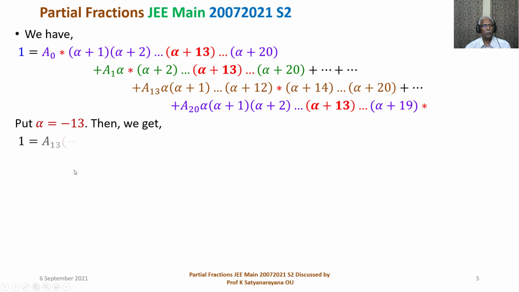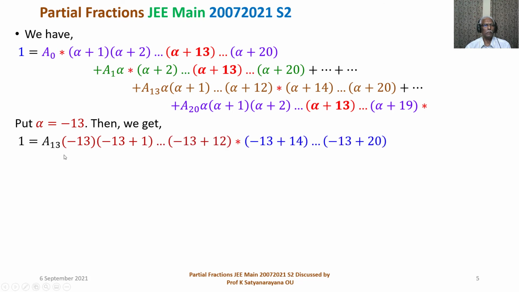So 1 is equal to a13 into minus 13, minus 13 plus 1, etc., minus 13 plus 12, with alpha plus 13 missing, then minus 13 plus 14, minus 13 plus 15, etc., minus 13 plus 20. Now minus 13 plus 1 is minus 12, and so on. So that will be a13 into minus 13, minus 12, etc., decreasing down to minus 1.